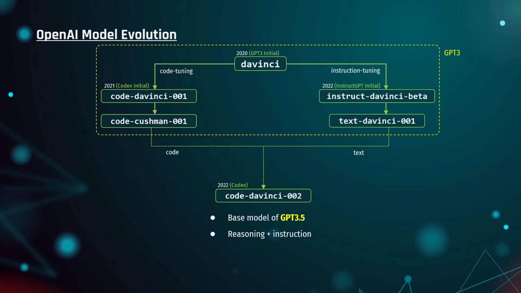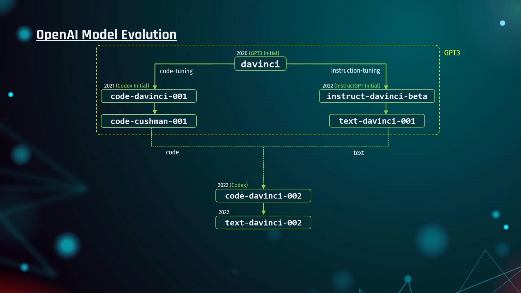Okay, not only that, we know OpenAI over time compromised in-context learning to gain zero-shot ability, and this particular model, Code Da Vinci 002, actually maintains a perfect balance between zero-shot ability and in-context learning. Okay, however, over time this Code Da Vinci 002 evolved to Text Da Vinci 002, which was released in 2022.